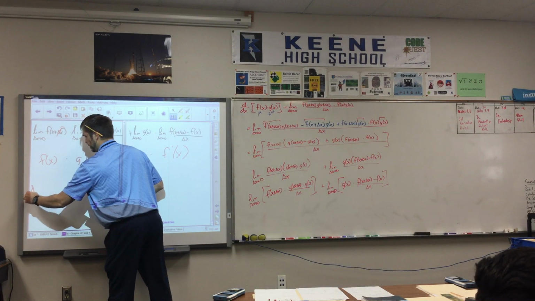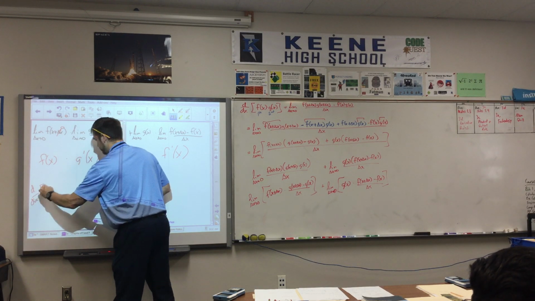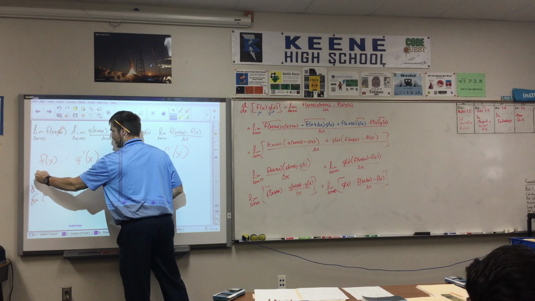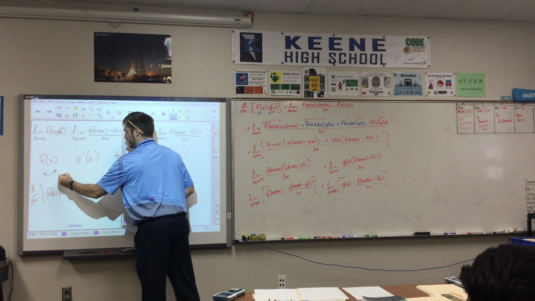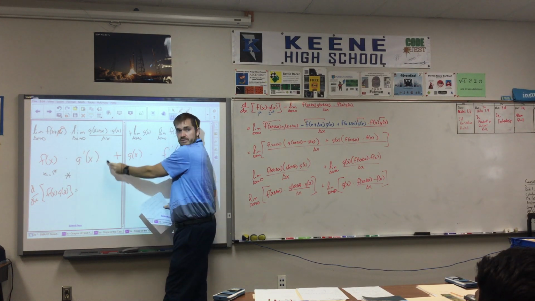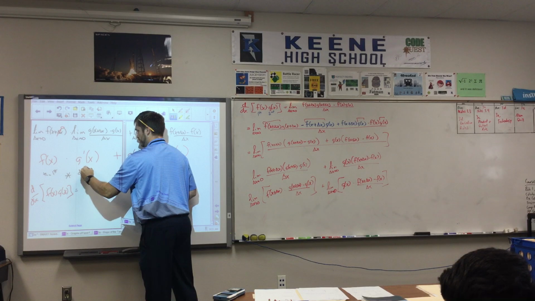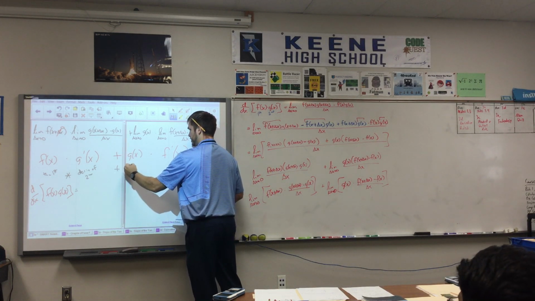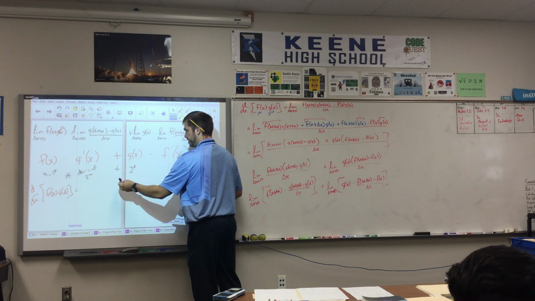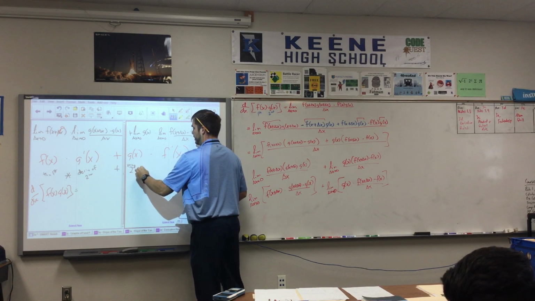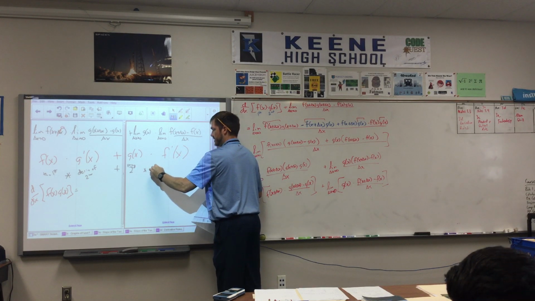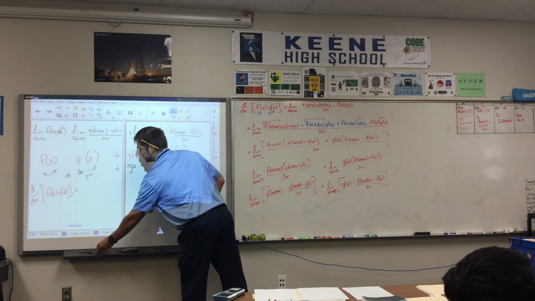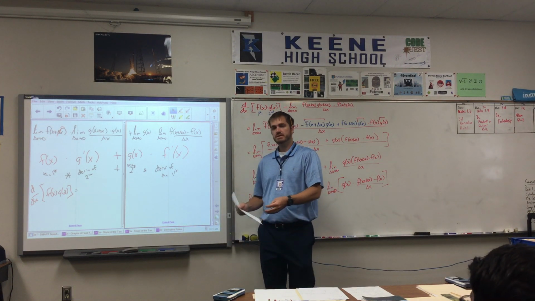So the derivative with respect to x of f of x times g of x is the first times the derivative of the second, plus the second, and by second I mean the second function, times the derivative of the first. f times g prime of x plus g times f prime of x.